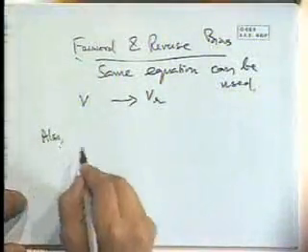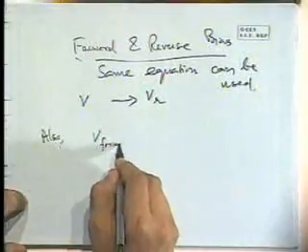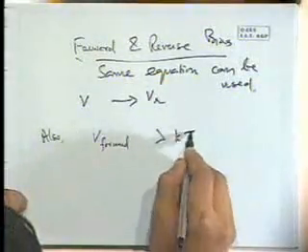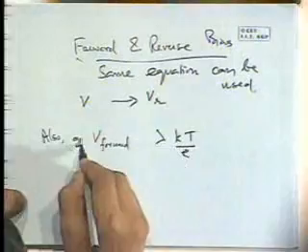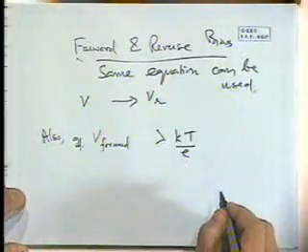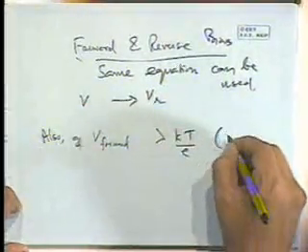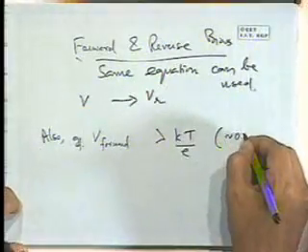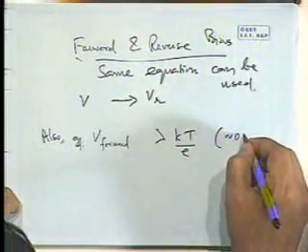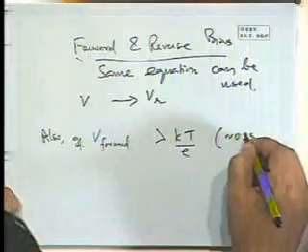Also, V in the forward direction, if it is greater than kT by e, which at room temperature, kT by e we are talking about is something like 25 millivolts, 0.025, sorry.